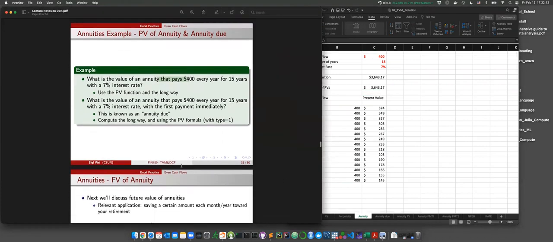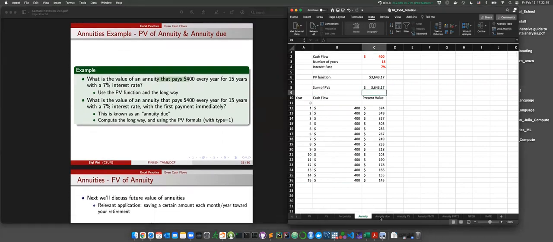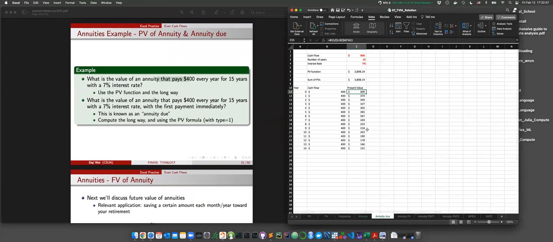So let's change the dynamic a little bit. What if I change this question to be an annuity due type of problem? Essentially, we move the cash flow one period backward.